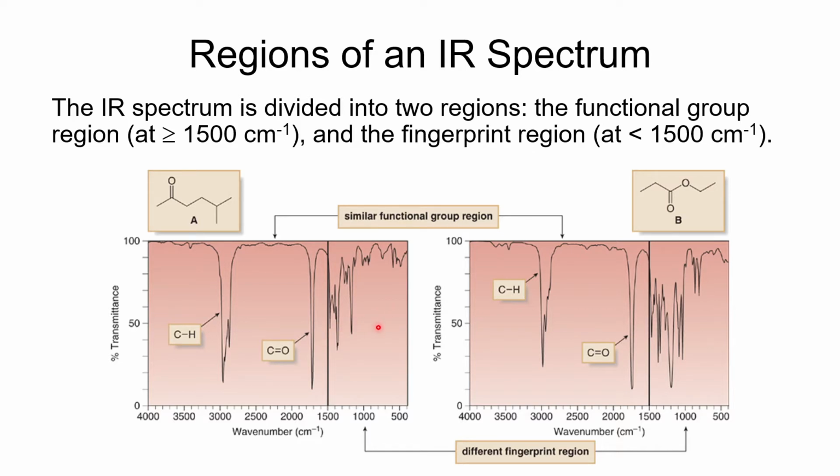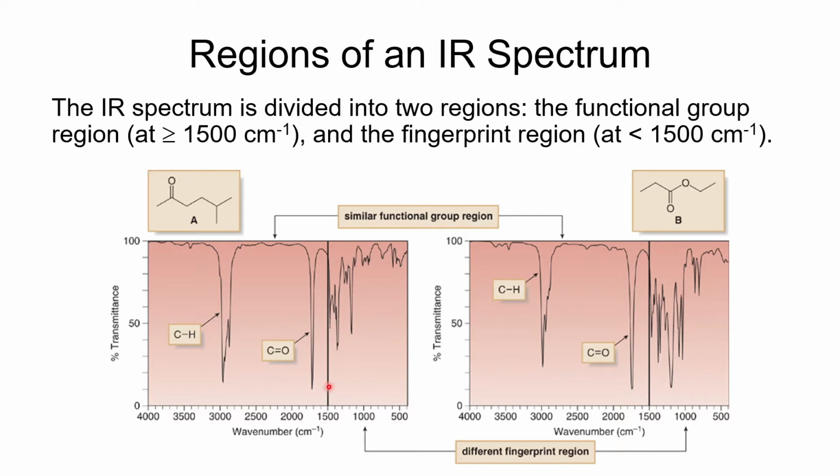But if you use a computer, you might be able to distinguish those if you have a database of these fingerprint regions. We're going to stick primarily to the functional group region from 4,000 to 1,500 reciprocal centimeters. That's going to give us the most benefit for a relatively small amount of memorization and learning.